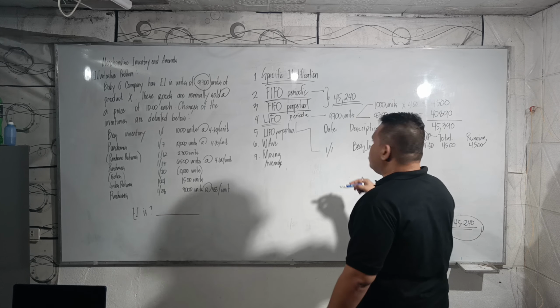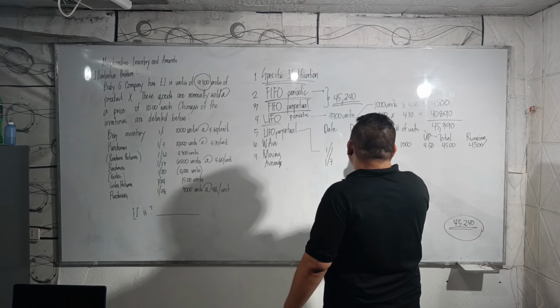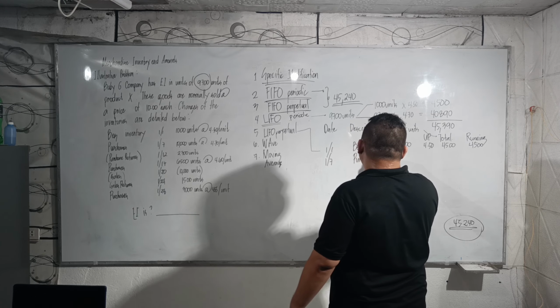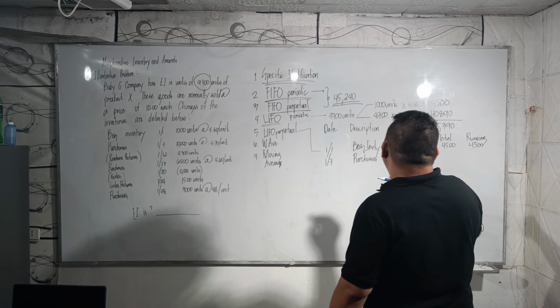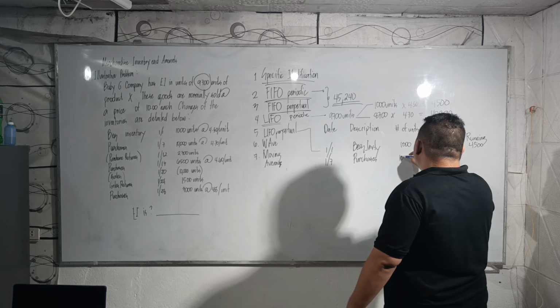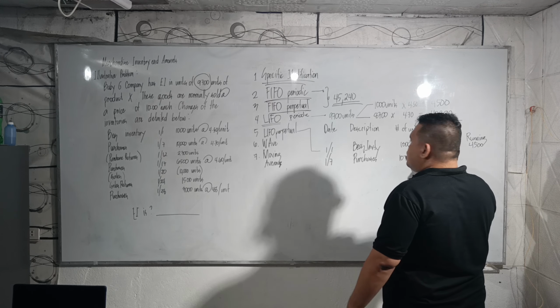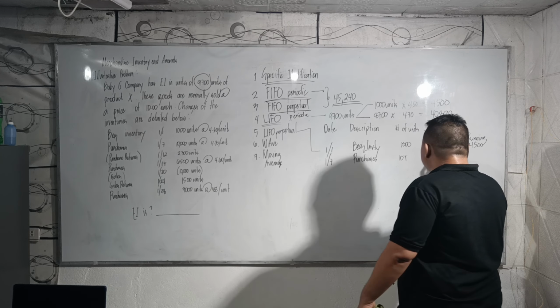And then there are purchases on 1-7. How many units? 10,000 units. And the purchase price per unit is 4.70.